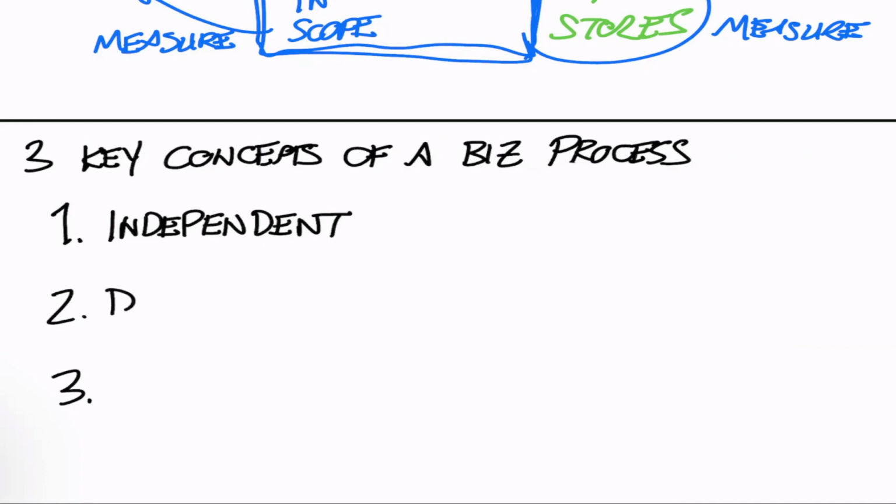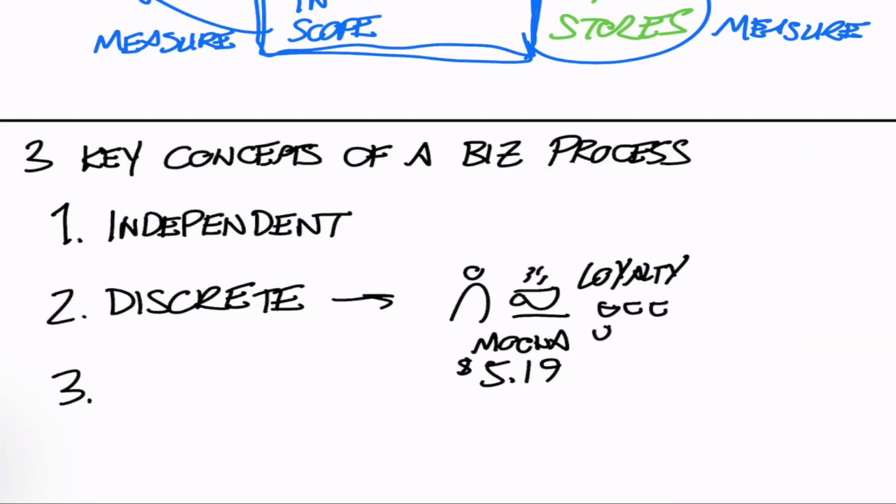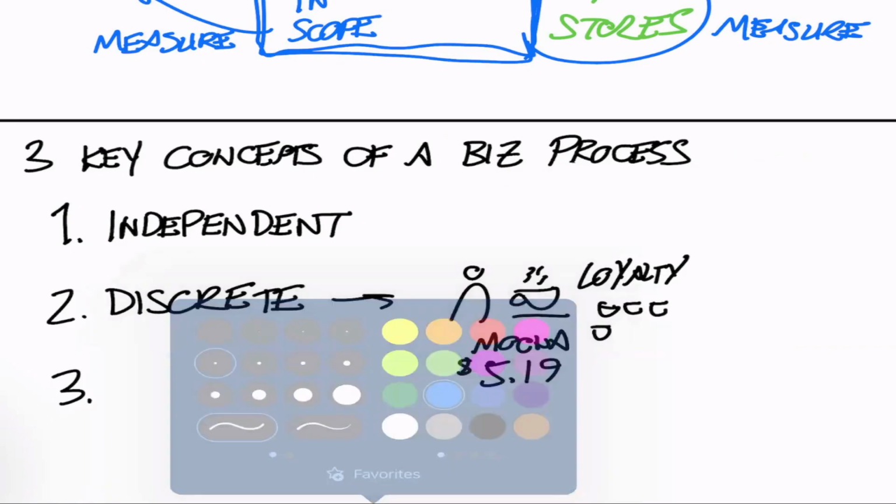Next is discrete. So if the customer comes in and the customer is going to order a mocha, all right, they're going to pay $5.19 for that. Maybe they even have a loyalty card, so we know how many cups they've had over time, and do they get a free cup versus another customer that comes in.